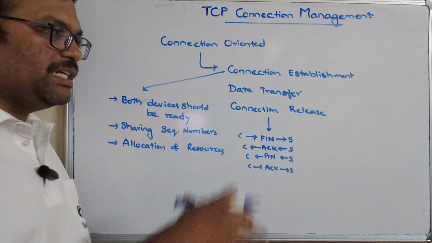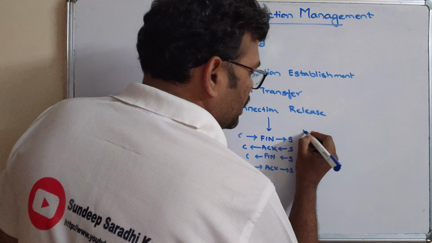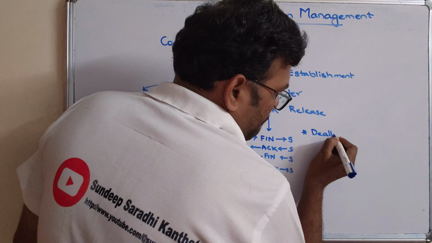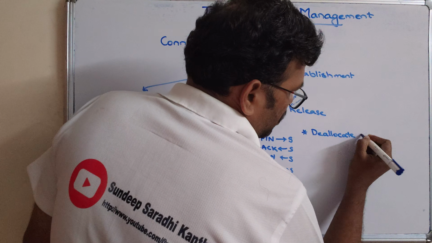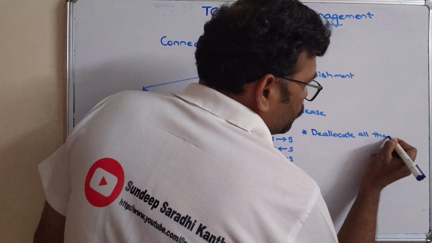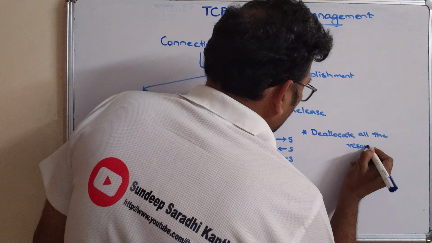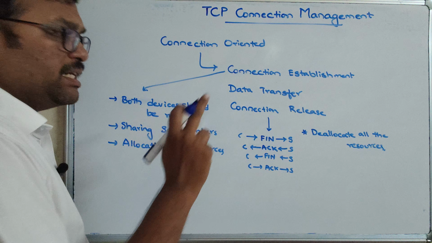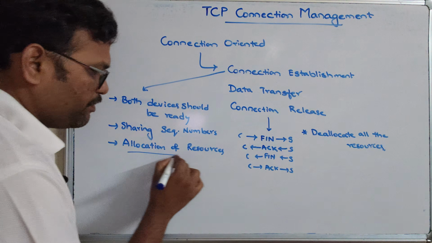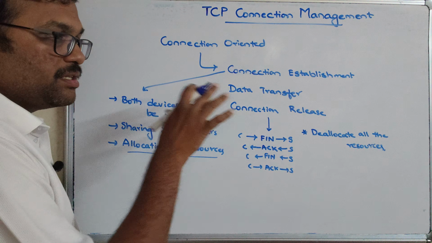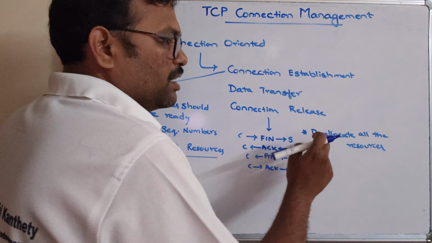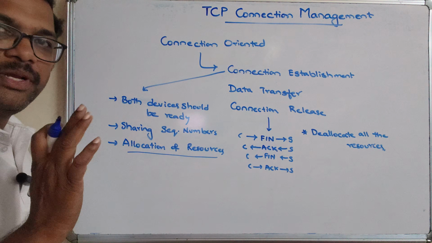So this is connection release. What happens in this connection release is that it deallocates all the resources. During connection establishment, allocation of resources was done, and once the work is completed, the connection should be released so that deallocation of all the resources happens.